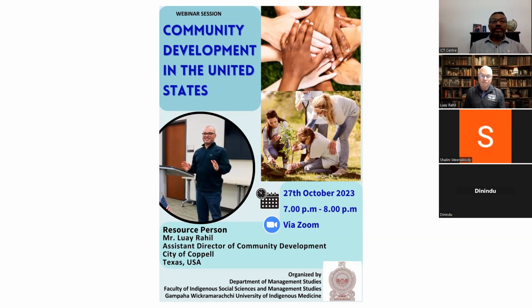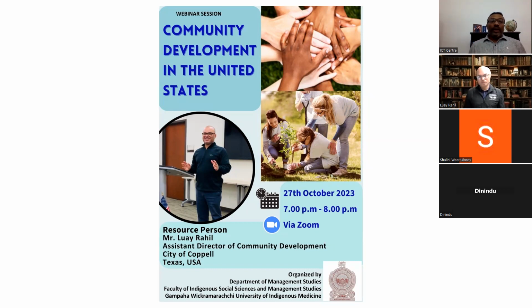He's the Assistant Director of Community Development of the City of Coppell in the state of Texas, USA. He has a Bachelor of Science degree in biology and an MBA, both from the University of Texas at Arlington. He has a lot of experience in community development and related areas.